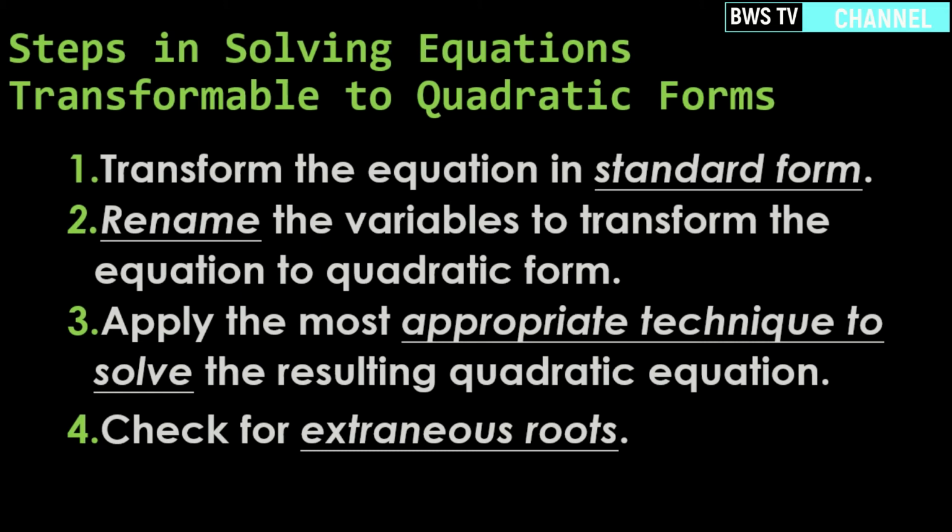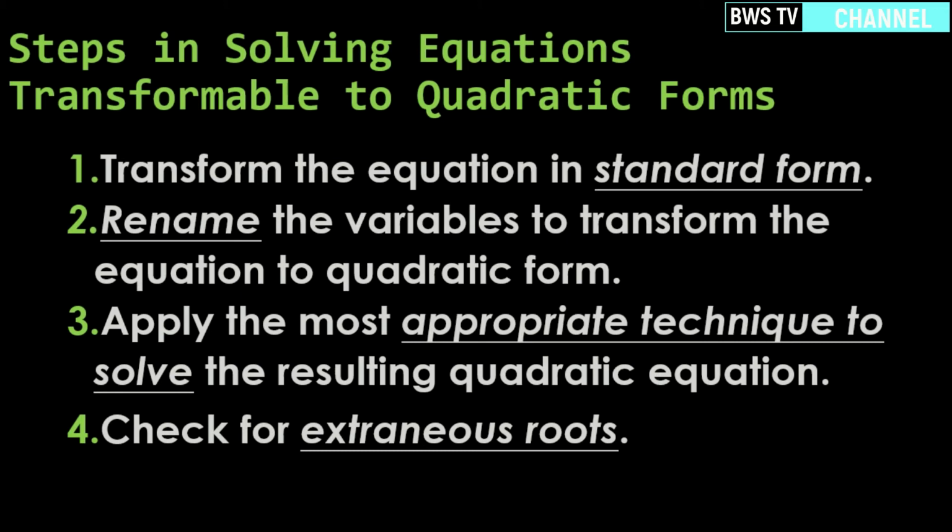That's why the last step is to check or test if they will satisfy the given original equation. If they will not satisfy, then they are called extraneous roots. Okay, so that means that value of x is not a solution.